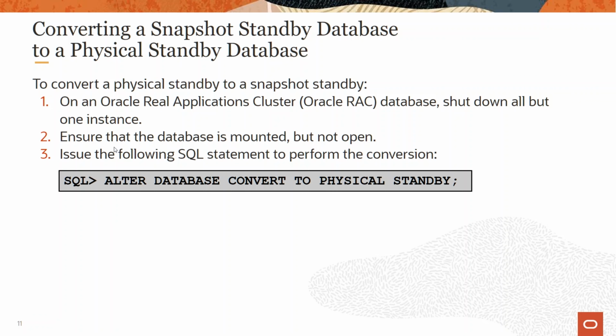So let's see how we can convert a physical standby database to a snapshot standby database. As we saw from the diagram, we have to stop the redo apply service and ensure that your database is in mount state but not open state, and ensure that the fast recovery area has been configured, because when you convert it to a snapshot standby database, flashback logs will be generated, as we use them to convert it back to a physical standby database.